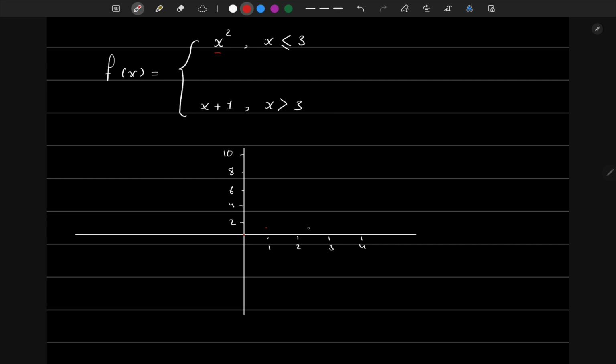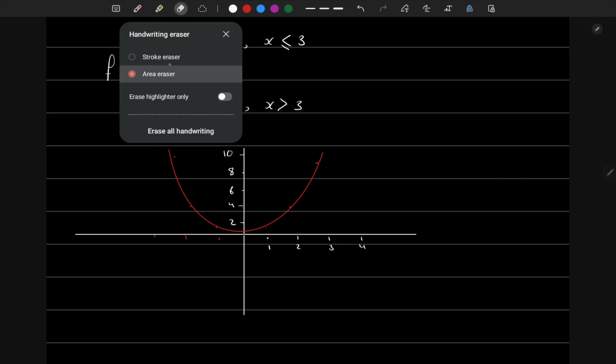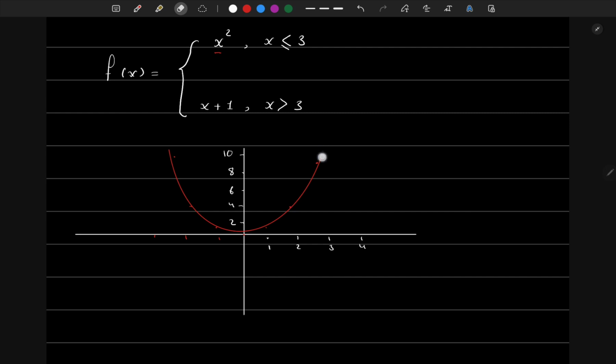When x equals 2, 2 squared is 4. When x equals 3, 3 squared is 9, as long as x is smaller than or equals 3. So until 3 we are okay. And it goes the same with the negative side, because negative 1, negative 2, and negative 3 have the same values. Then we can have our beautiful curve. But this curve has to end exactly here.